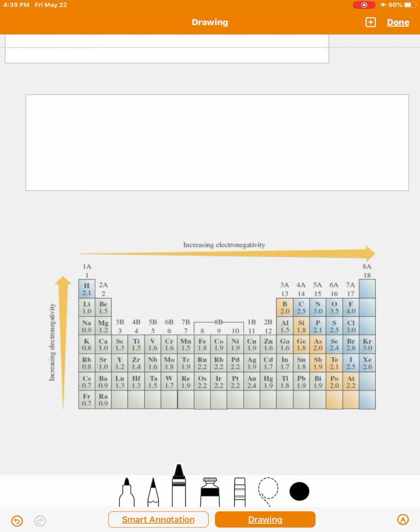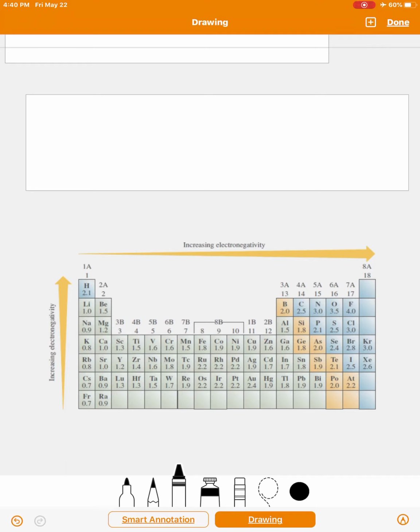So for example, the value for hydrogen is 2.1. The value for fluorine is 4.0. Each of these values is something that's been measured and calculated and tabulated here.